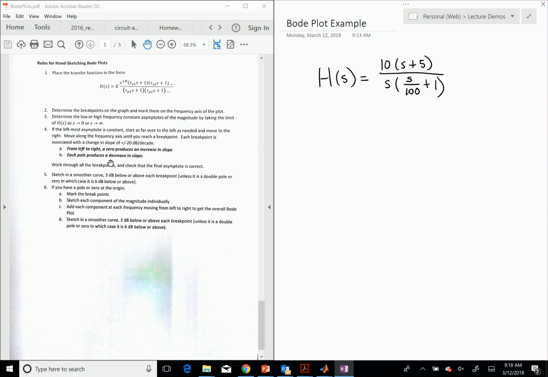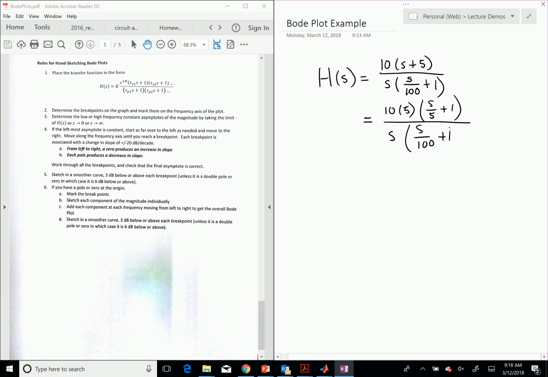First thing I'm going to do, though, is I do want to get this in the right form. So I want to factor out that 5 on top. So I have 10 times 5 over s over 5 plus 1 over s times s over 100.